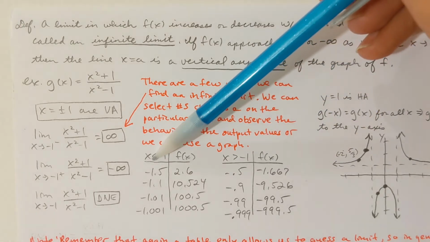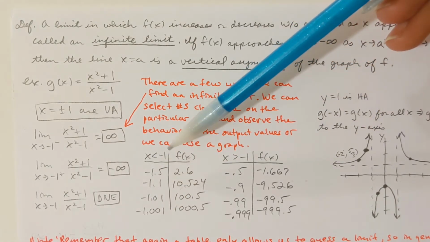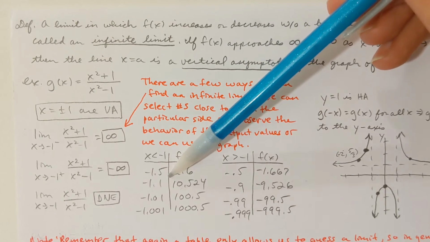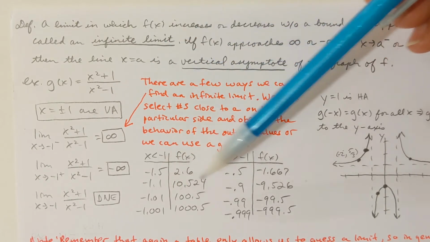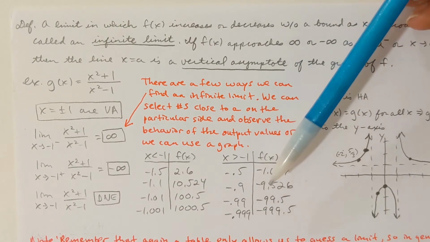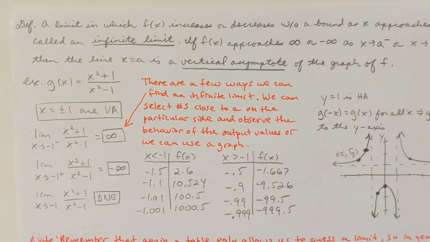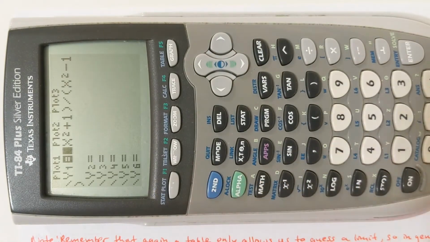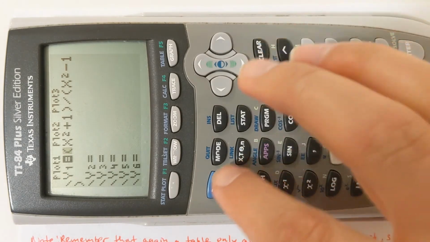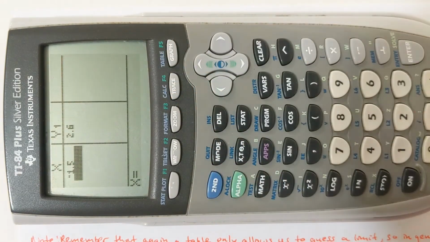Okay, if I'm on the left side of negative 1, but I'm close to negative 1, I can select some values and plug them into g and see what the output looks like. So that's what I've done here. Now in my calculator, if I were to go to y equals, I've already typed in that function that we need here, and I can go to the table there.